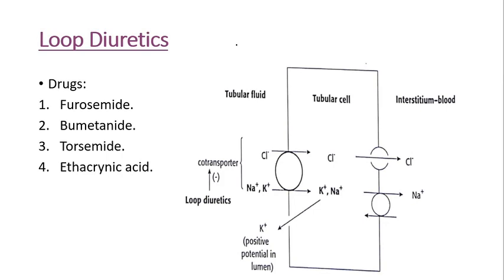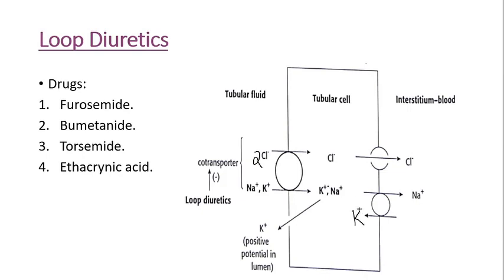Most of the sodium gets absorbed in the ascending limb of loop of Henle, about 25%. So these loop diuretics are powerful diuretics. Sodium enters the cell through this co-transporter, which is the sodium potassium 2Cl transporter. As sodium enters over here, it also brings in potassium.